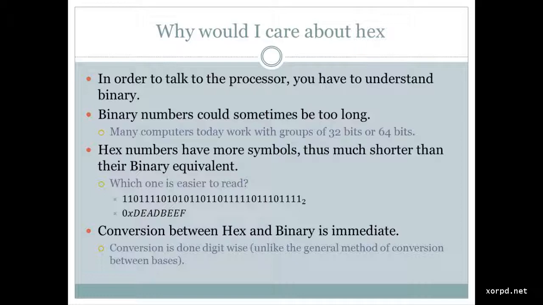It's pretty simple. We don't have to use the complicated methods of dividing many times or doing anything that takes too much thought. If you are experienced, then you just remember the representation of every digit in binary. There are not so many, in fact, there are only 16. So, conversion is done digit-wise.